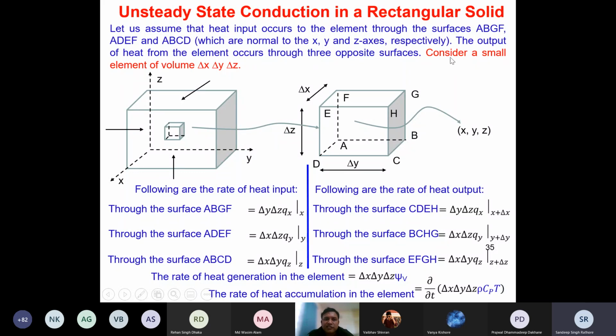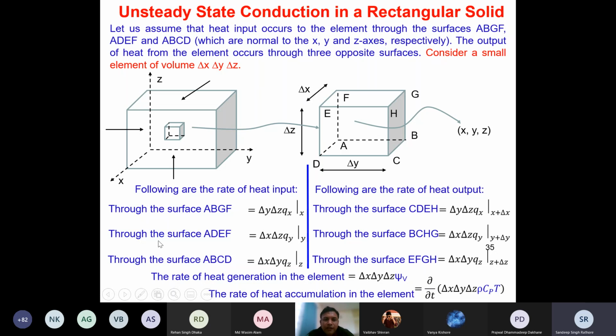Therefore, we are considering a small element of volume delta X, delta Y, delta Z. This small element I have enlarged here in the second figure, and the heat input is taking place from the faces which are normal to X, Y, and Z. The heat input is from faces ABGF, ADEF and ABCD, normal to the axes X, Y, and Z respectively, and the heat goes out from the opposite faces of these three.